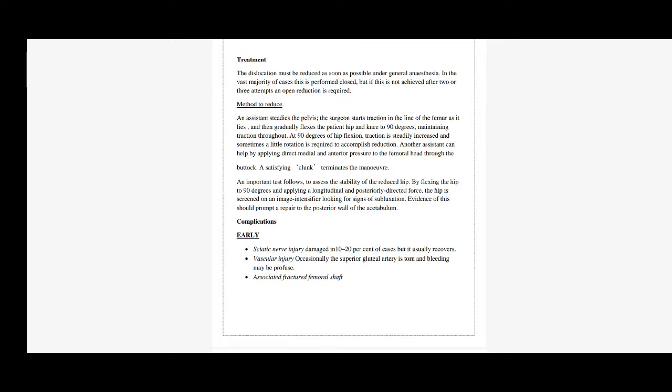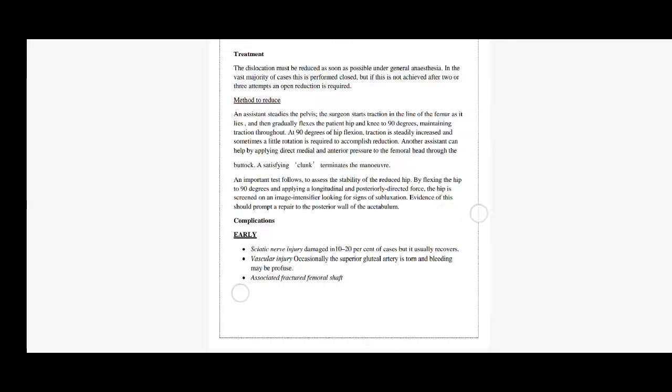We should check the stability of the hip to guide the treatment, whether to maintain the patient on traction or go for fixation of the posterior wall fracture. In this maneuver, we reverse the method of reduction: 90 degrees of flexion and a posteriorly directed force to produce a telescoping movement at the hip joint.